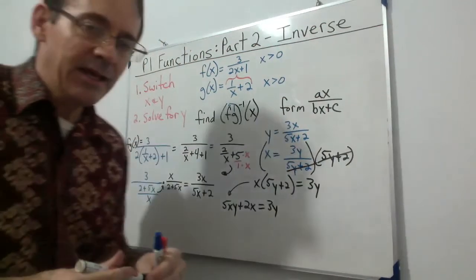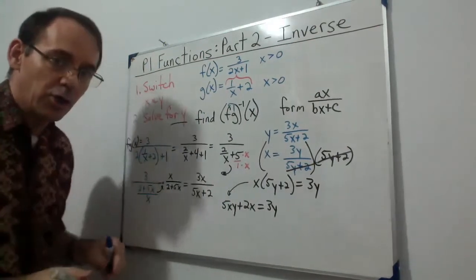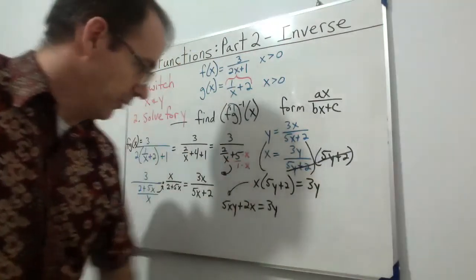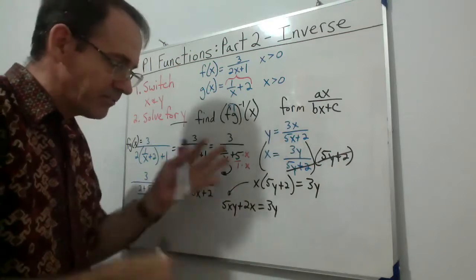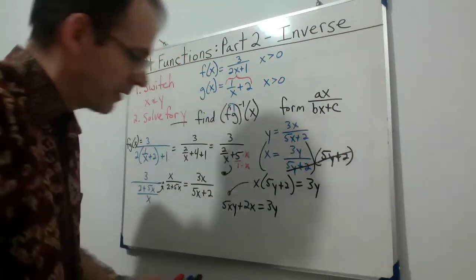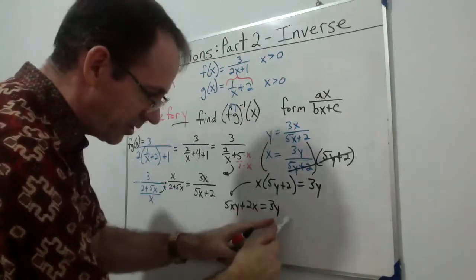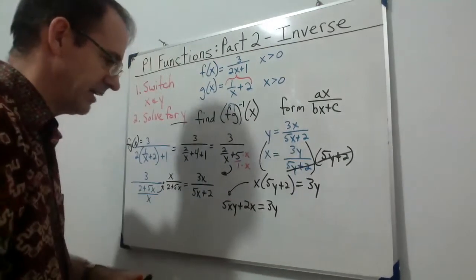Now again, we're solving for y. This is our goal. Keep in mind what it is that you're trying to do. Don't get lost in the algebra and just start moving things without thinking about what you're trying to do. We want to get the y's together. So this term needs to come over here with this one, and this one needs to go to the other side.